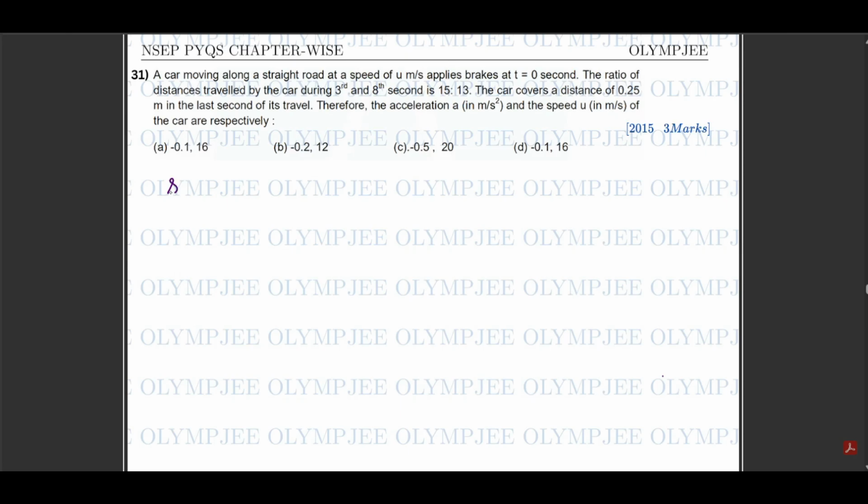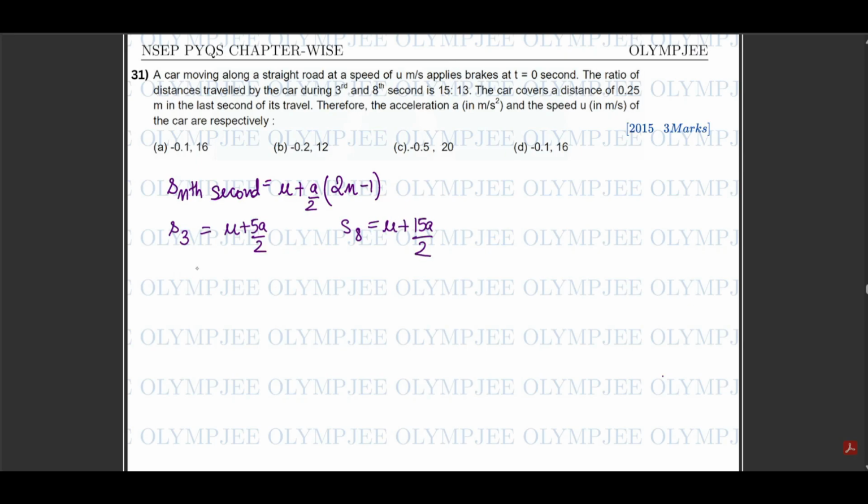So we know that the distance traveled in nth second is given by u plus a by 2 multiplied by 2 into n minus 1. So distance in third second is given by u plus 5a by 2, and distance in 8th second is given by u plus 15a by 2.